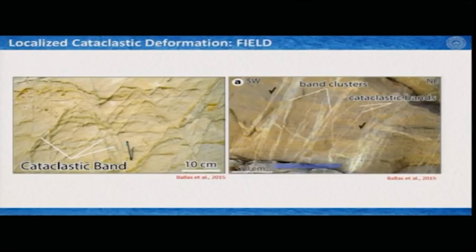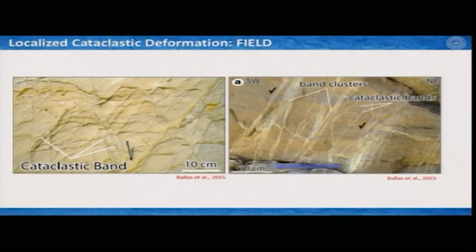So, here are some examples of cataclastic deformation in the field. In both examples, the host rock or country rock is sandstone. This is from a very recent publication, Ballas, 2015.